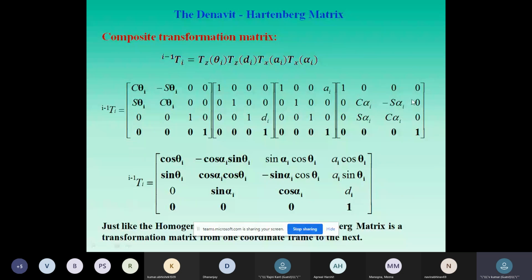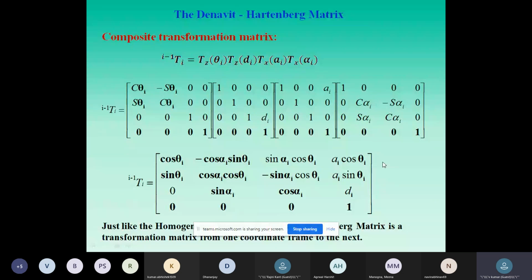First you rotate alpha i about the x-axis, this rotation matrix; then translation only along the x-axis by ai; then translation along the z-axis, only the z coordinate, the rest are 0. Similarly, rotation theta i about zi, only the rotation part. Multiply these matrices, we will get this.